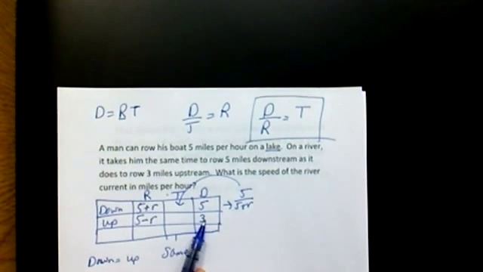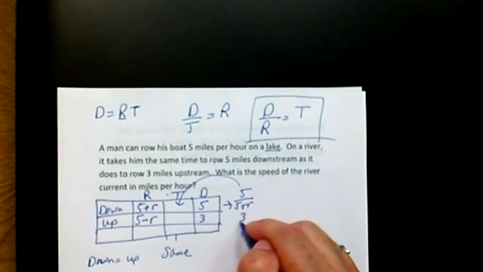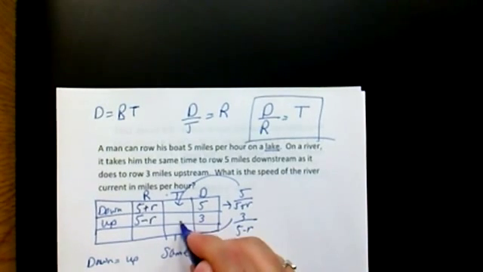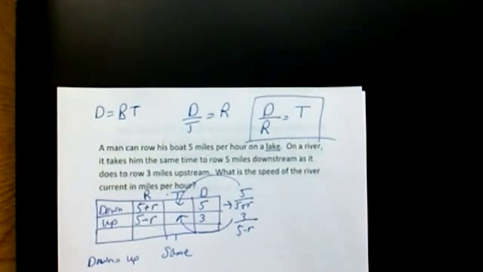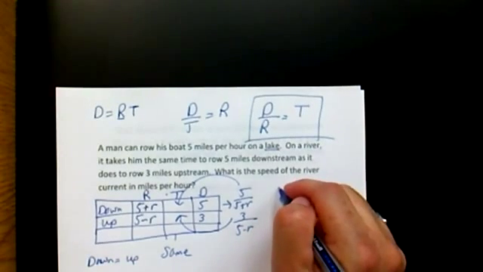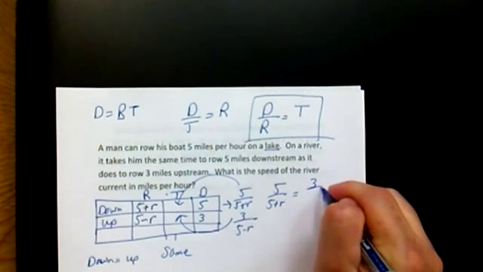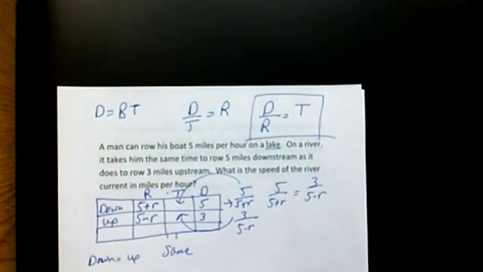My upstream is 3 divided by 5 minus r. And because they're the same, my formula is 5 over 5 plus r is equal to 3 over 5 minus r. And so I end up with a proportion.